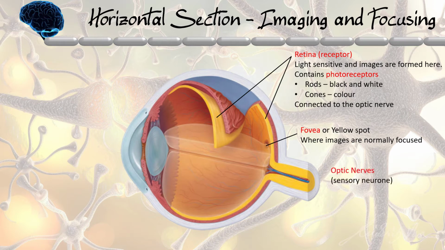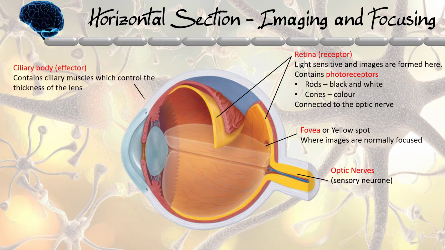We have our optic nerve, which is a sensory neuron. This is very important. It is called the ciliary body. It is the muscle that is over there, as you can see, and it is tied onto some string-like structures. They are called the suspensory ligament.